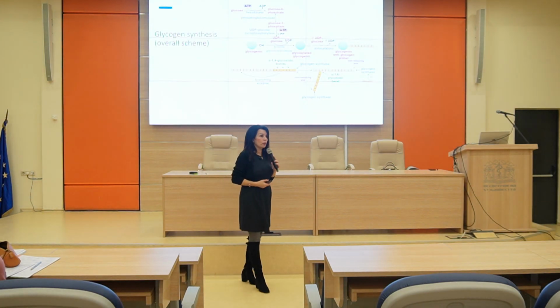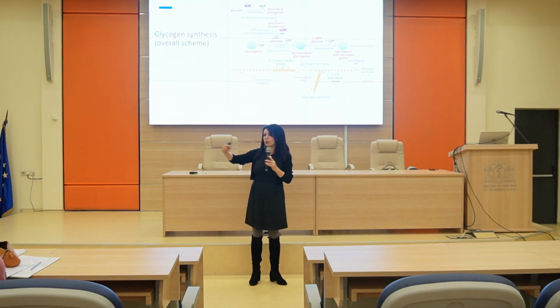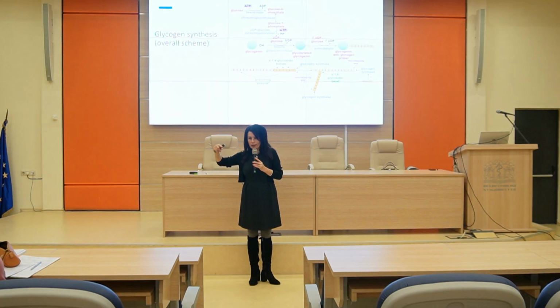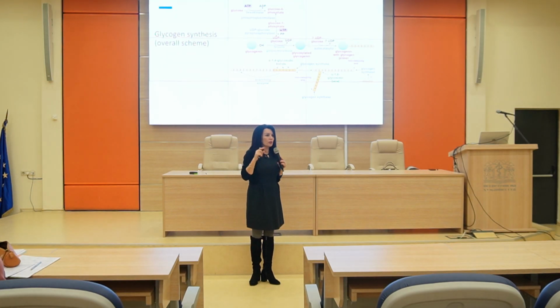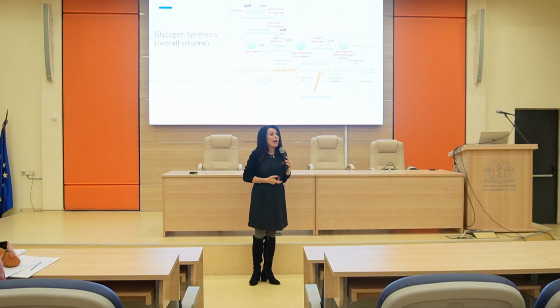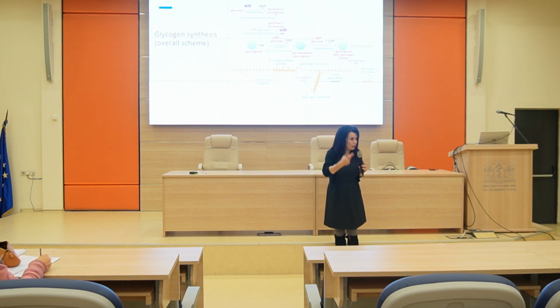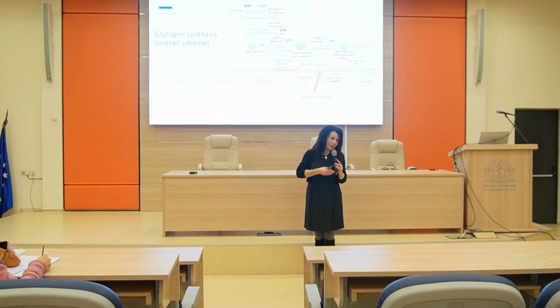But you know that glycogen is not a linear molecule, it's a branched molecule. That's why when around 11 glucose molecules are formed in one linear chain, the action of glycogen synthase will stop and start the next enzyme, which is called branching enzyme.